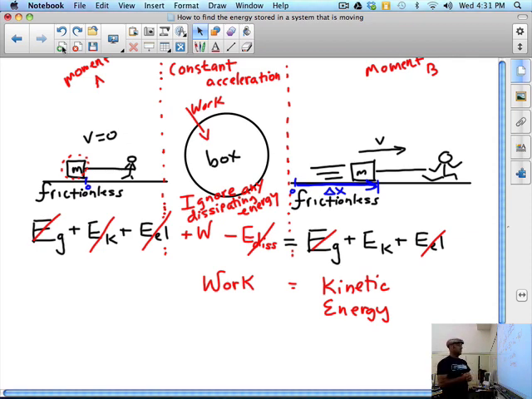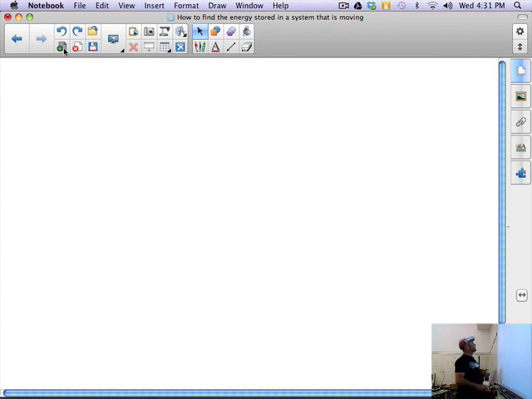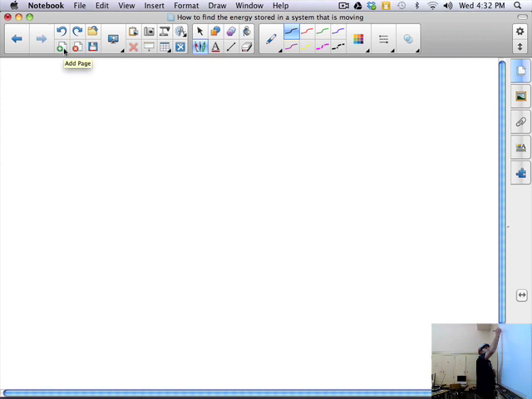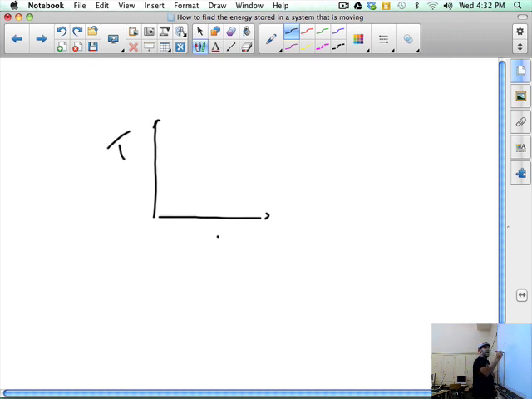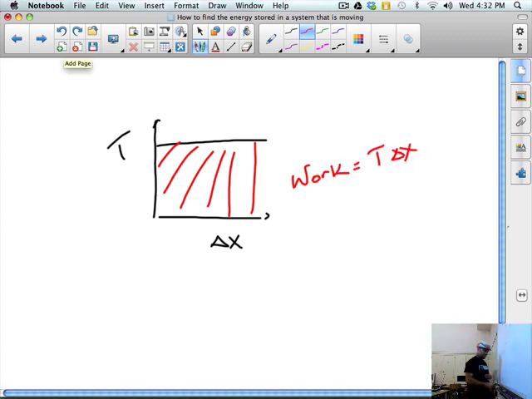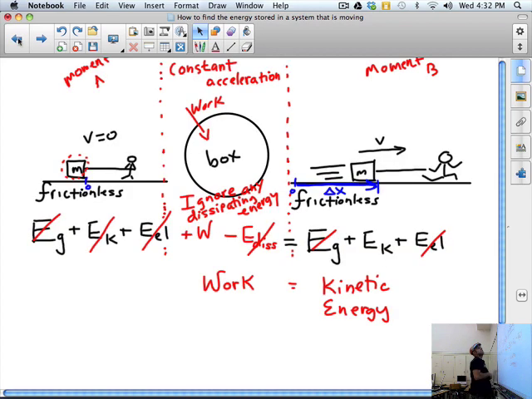So what we're talking about then is a graph of the tension versus how far the box moves, and the tension in the rope has to stay constant. So the work done on the box is going to be the tension times how far the box moves, right? So let's go back.